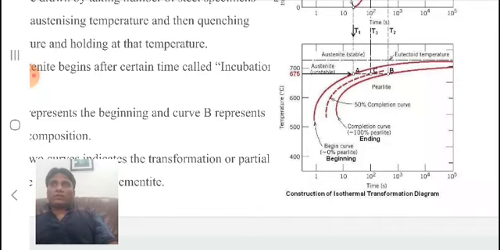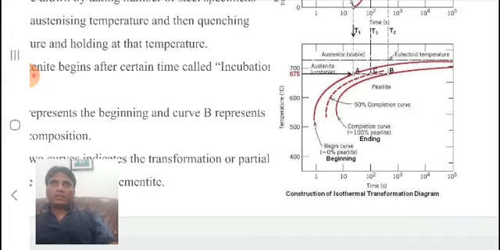We have chosen a eutectoid steel having 0.8% carbon, and taking n number of samples of that 0.8% carbon steel, each sample is cooled at a different cooling rate, so that we can easily plot the CCC curves and TTT curves.